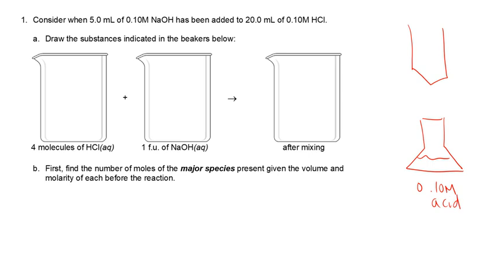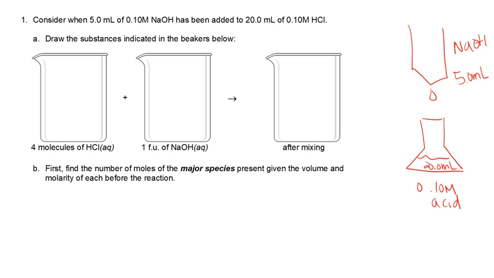And it says that we have 20 milliliters of this 0.1 molar solution. And then it says that from the burette, we are going to add a volume of 5 milliliters of the NaOH. So let's visualize what this looks like.